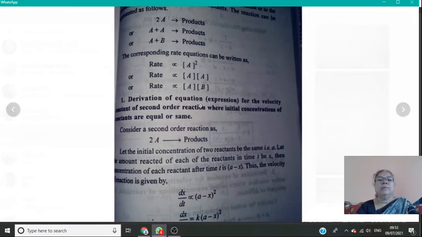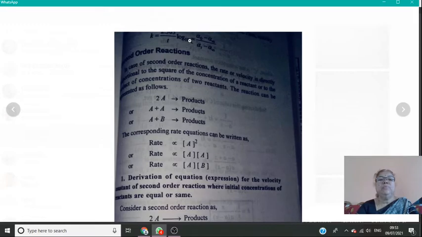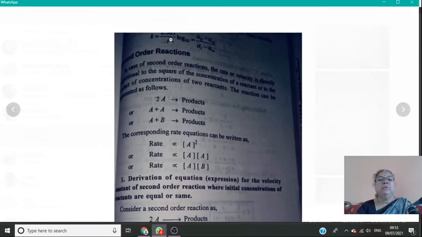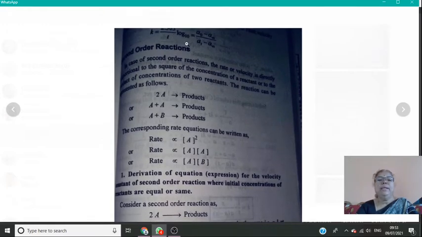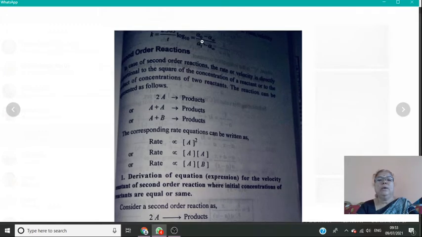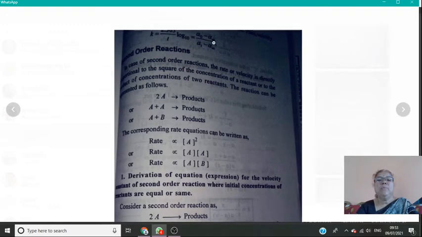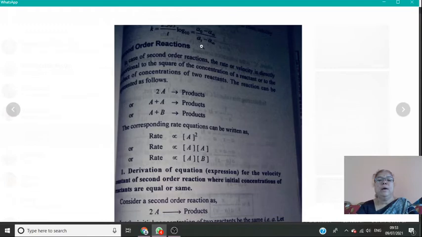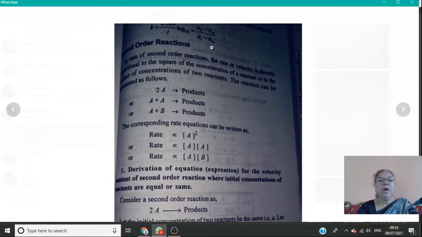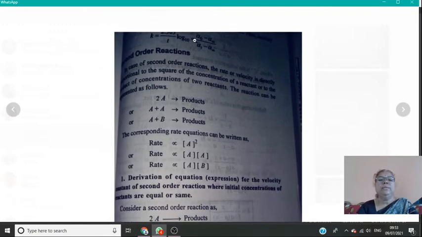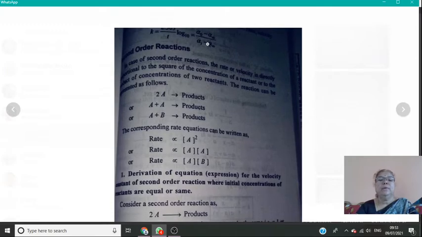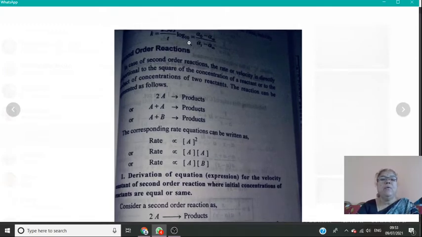By using this formula, k is equal to 2.303 upon t into log to the base 10 of alpha 0 minus alpha infinity upon alpha t minus alpha infinity. By using this equation we can calculate the different k values.